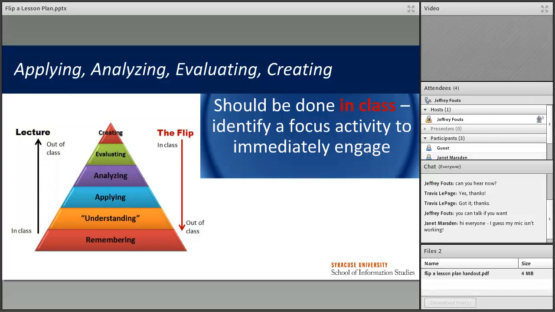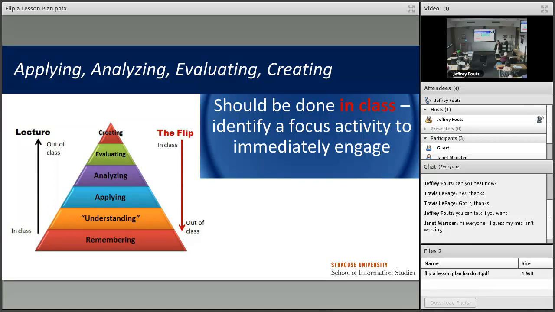If we do that in class, the students are not going to learn that they have accountability and are responsible for doing that activity before class. Have them do it before class, have them come in and do a focusing activity as soon as they walk into class to reinforce what they had to learn outside of class.